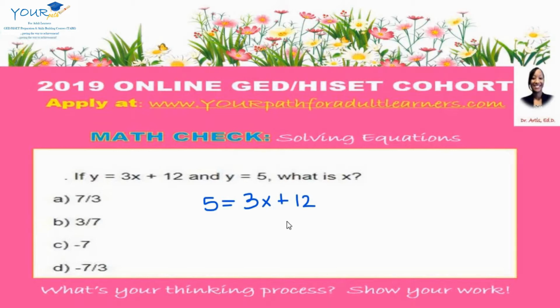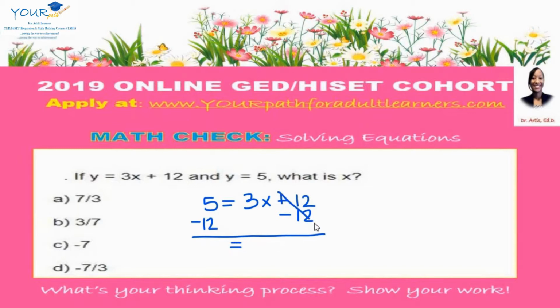We're going to do that by first getting rid of our 12. So we're going to minus out the 12 because we have a plus 12 here on both sides, because what we do on one side, we must also do on the other side. Bring down our equal sign.